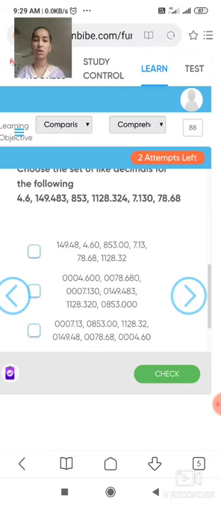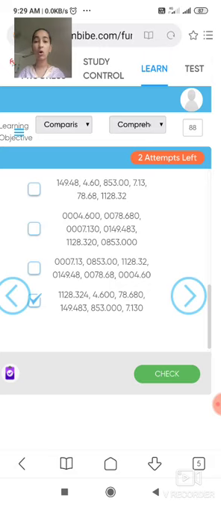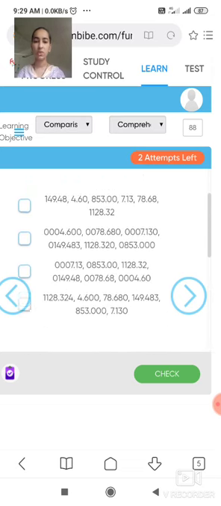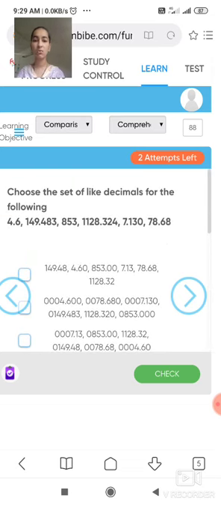Now we have to check in which it is the same. So we have to make all the decimals like decimals first, and then choose your correct set from these options. Okay, understand this, how to select.